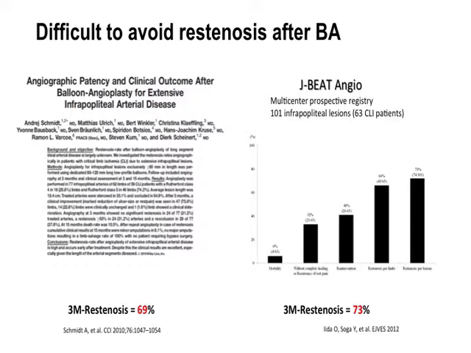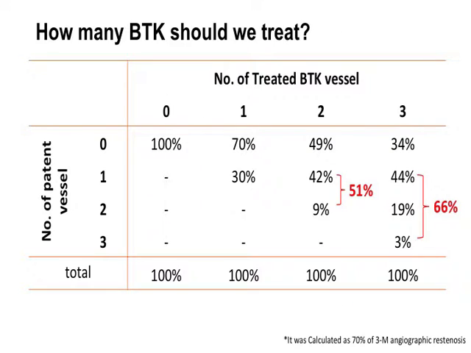But the average time to wound healing for Rutherford class 5 and infection was 150 days, nearly 4 months. Therefore, in some cases, repeat revascularization is needed to achieve complete healing.